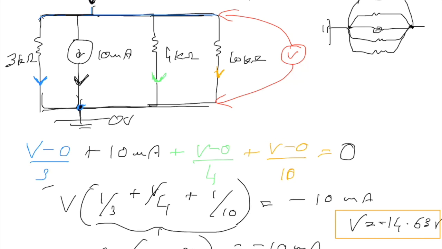The minus sign just means you have to flip the terminals. We considered this to be at a higher potential than the ground, but if you actually measured the value here, it would be reversed. So this V would be at a lower potential than the ground, and hence it would read a potential of 14.63 volts below ground. So that is your final answer.